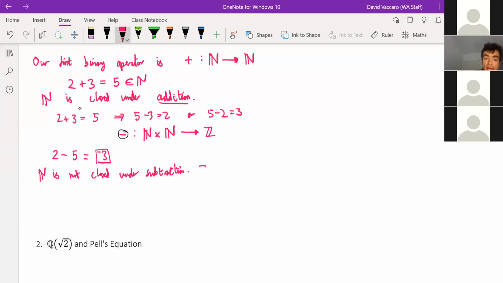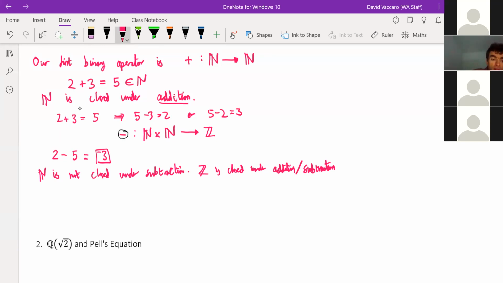Okay, but Z is closed under addition and subtraction. We're going to do some problems later, but this is a useful overview of the sort of history of mathematics.